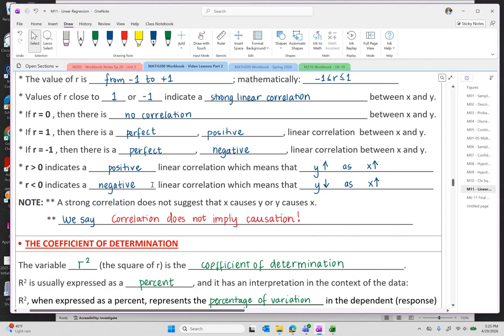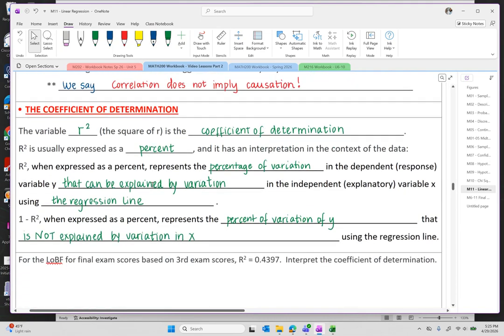So again, make sure that you understand that if you find a very strong correlation between two variables, you need to do a separate investigation to check if there is a causation between the two variables. Your linear correlation does not imply that one variable is the reason why the other variable varies.